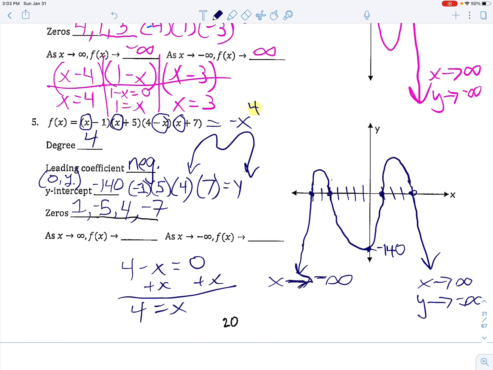Over here, x is approaching negative infinity, and the y value is going to negative infinity as well. You're looking at the end behavior here, the ends. So both of these are going to negative infinity.